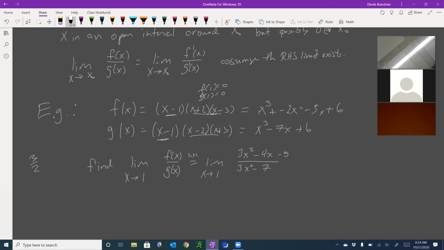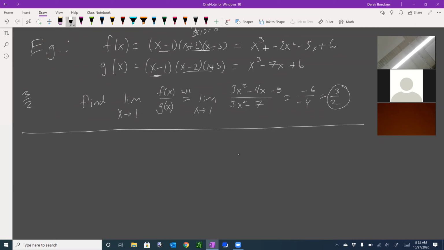If I take the derivative of the top, I get that; the derivative of the bottom, I get that. Now I evaluate at 1: 3 minus 4 minus 5, that's minus 6, over minus 4, so that's 3 halves. So evaluating after you take the derivative gives you exactly the same thing as if you'd factored everything out, canceled, and then evaluated. That's L'Hopital's rule.